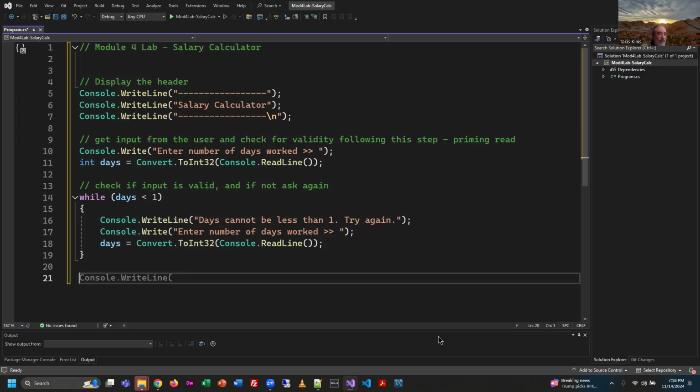Okay. Next thing that we're going to do is we're going to process the output, or maybe it's better to say process the amount of pennies earned.